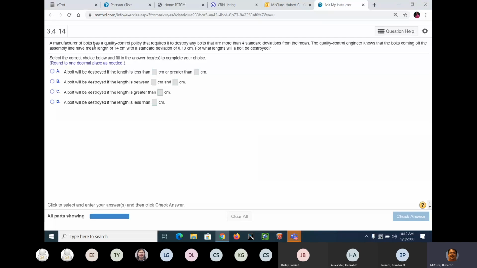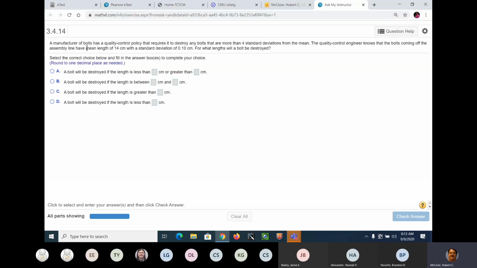A manufacturer of bolts has a quality control policy that requires it to destroy any bolts that are more than 4 standard deviations. Okay, write that down, highlight that. 4 standard deviations from the mean. The quality control engineer knows that the bolts coming off the assembly line have a length of 14, mean, and a standard deviation.